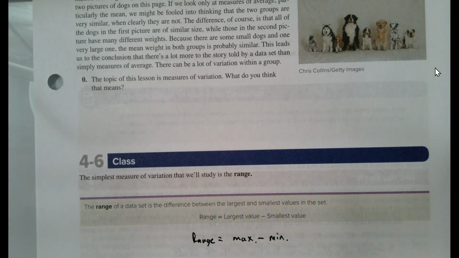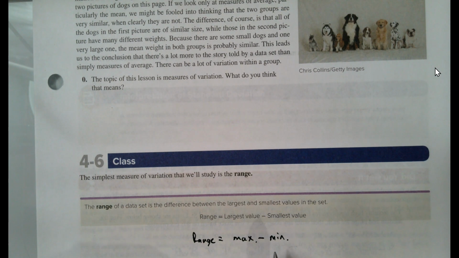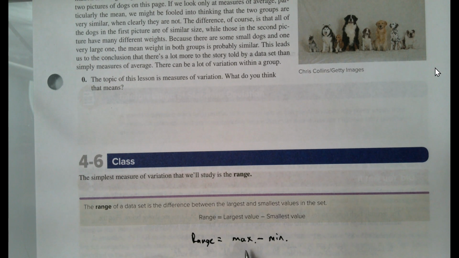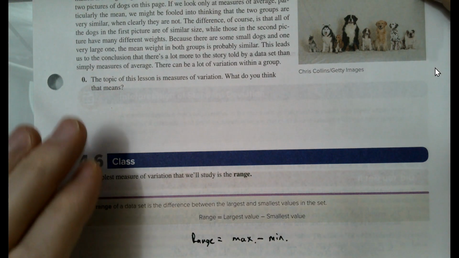If you remember, the mean was not resistant to outliers. It was highly affected by outliers, because it included those large or small values relative to the data set in the calculation. Well, the range consists of only those largest and smallest values. But it does give you a really quick view of how far apart the data values are.